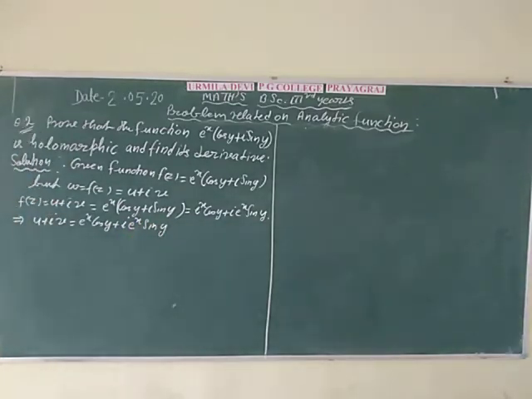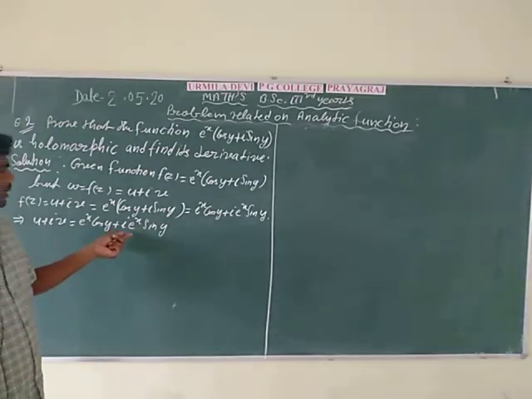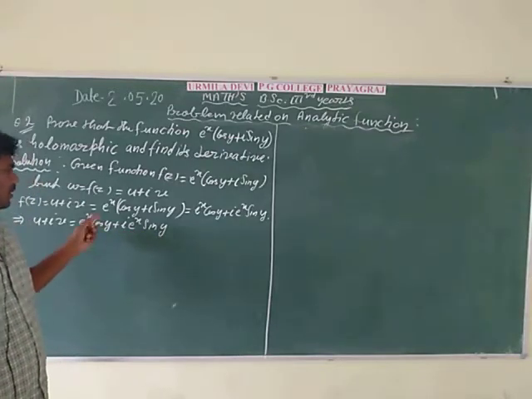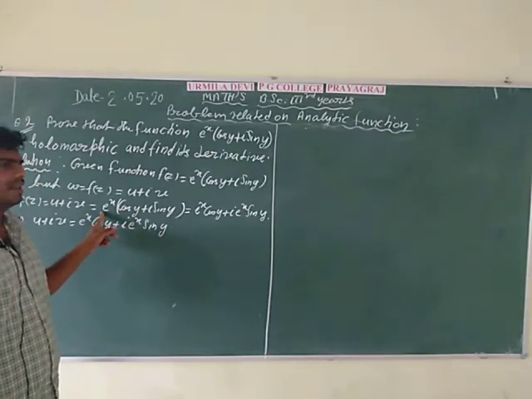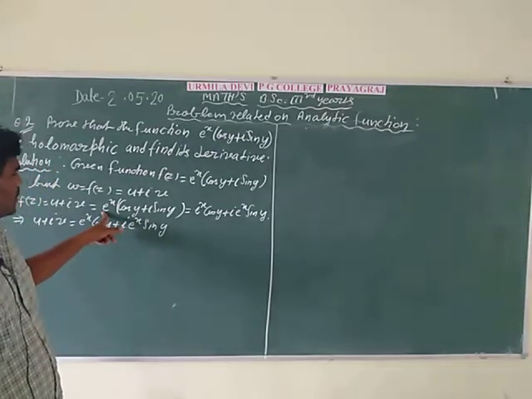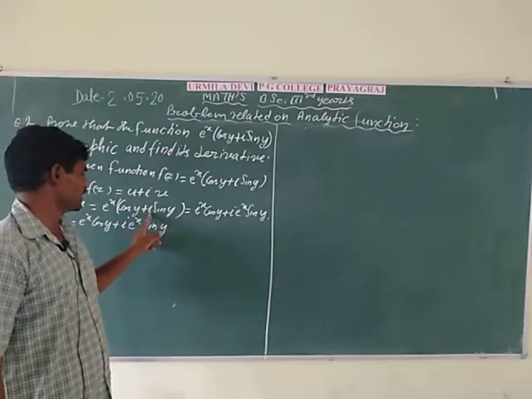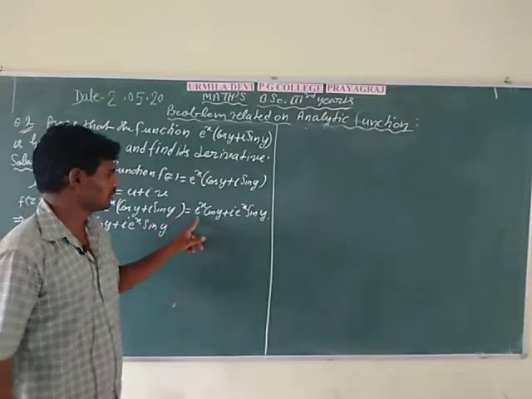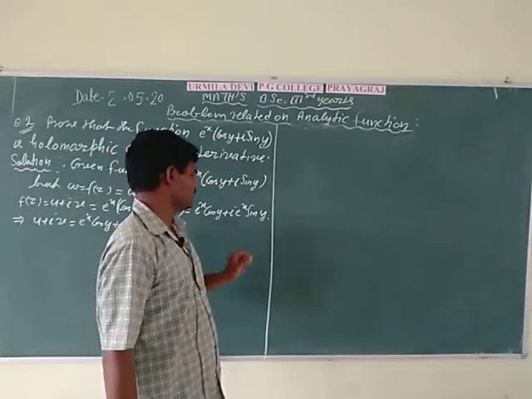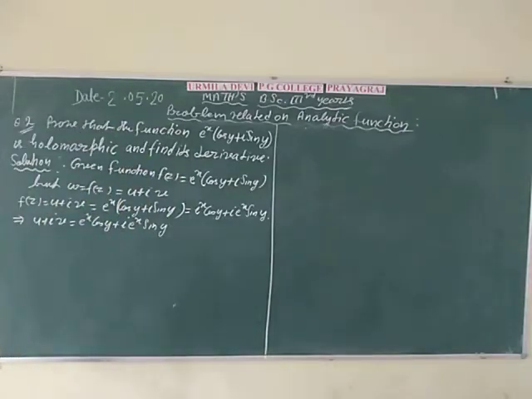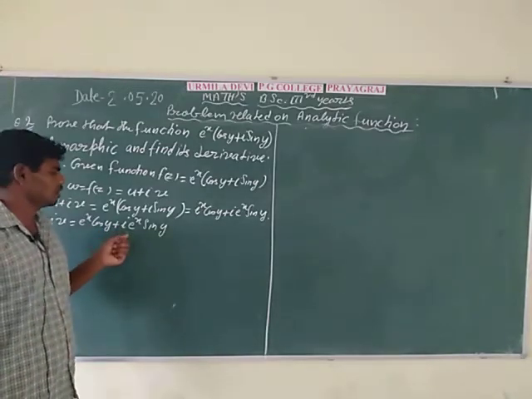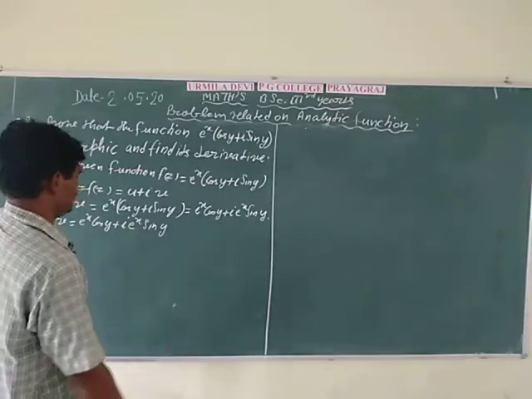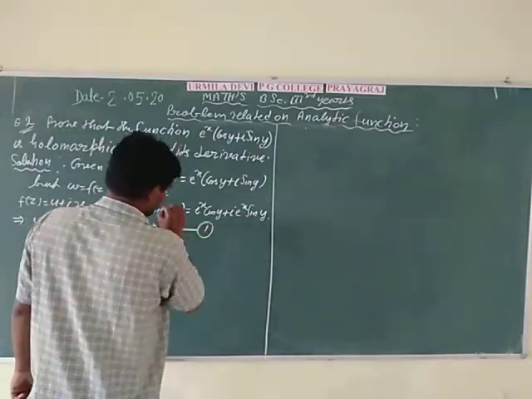This is the final result, u plus iv equal to e to power x cos y plus i times e to power x sin y, equation first. Notice that.